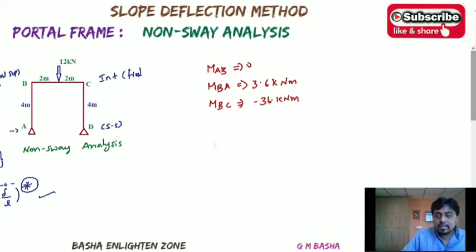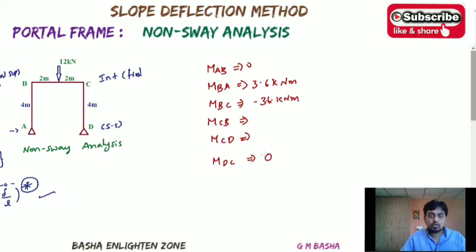Similarly, based on this sense, you can write down the MCB value. So this one will be 3.6 kilonewton, then MCD value and MDC value. MDC will be equal to 0, and this one will be plus 3.6 kilonewton meter, and the reverse of that, minus 3.6 kilonewton meter.